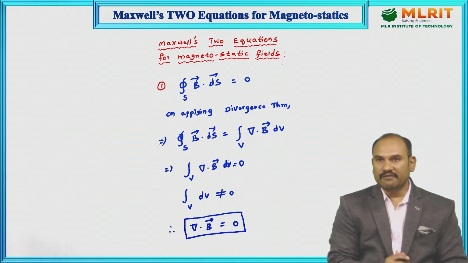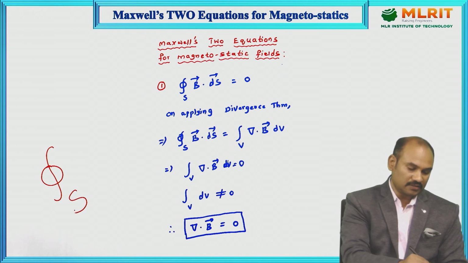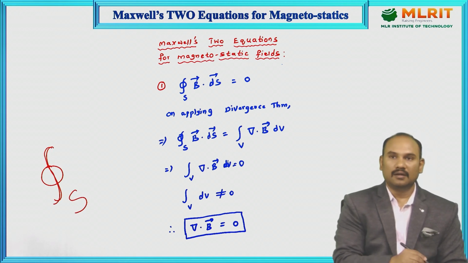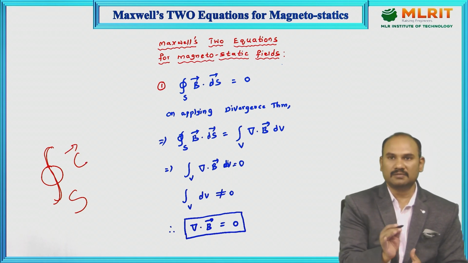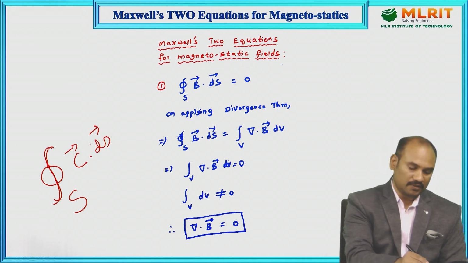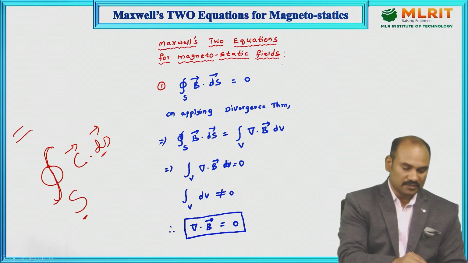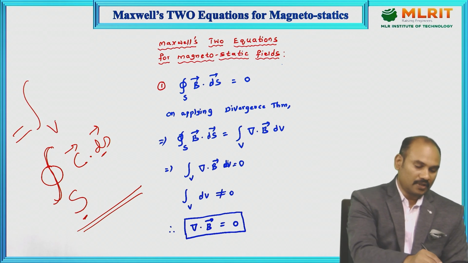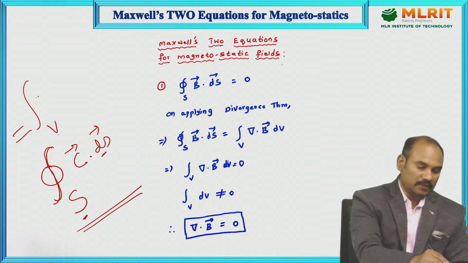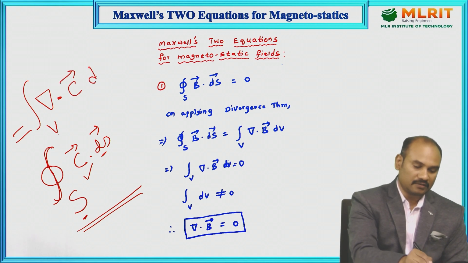Now, what does the divergence theorem say? The closed surface integral of any vector, let us say I randomly take some vector C bar, because it is a surface integral I take ds, can be equivalently written as the volume integral of the divergence of that vector, del dot C bar, dv, because it is a volume integral.